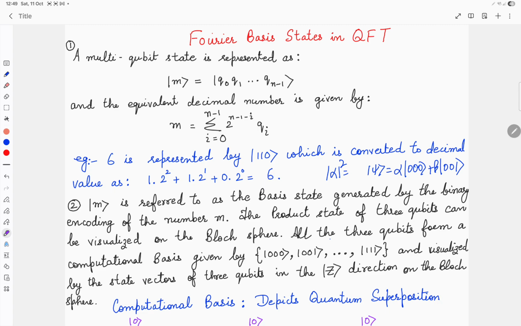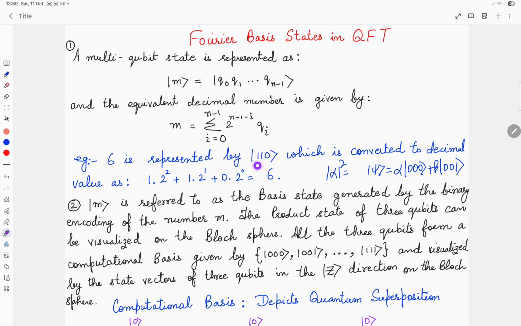Now, ket m is referred to as the basis state generated by the encoding of the number m. The product state of 3 qubits can be visualized on the Bloch sphere. We can visualize the product state on the Bloch sphere, because a Bloch sphere can represent 1 qubit only.